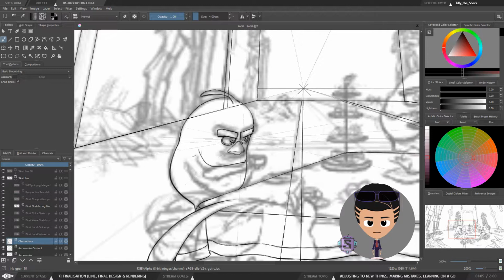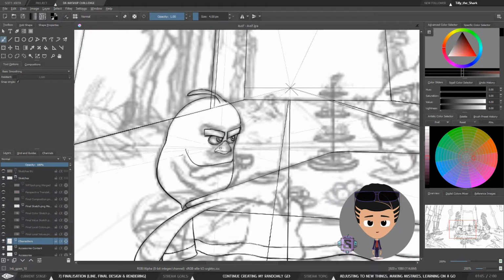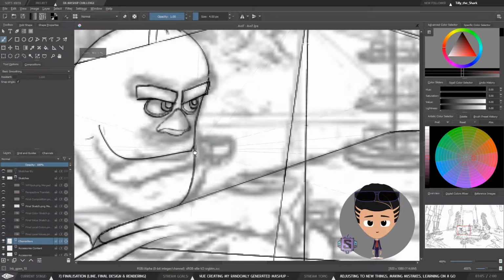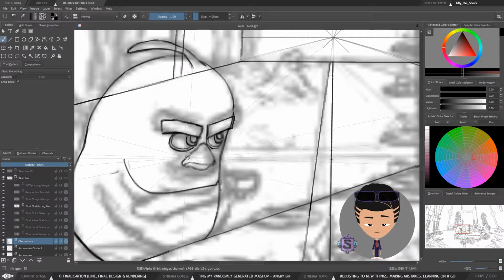So let's assume that because he's angry, his mouth just became smaller, or his beak became smaller as part of the expression. Since we kind of transformed it, it's lost his.